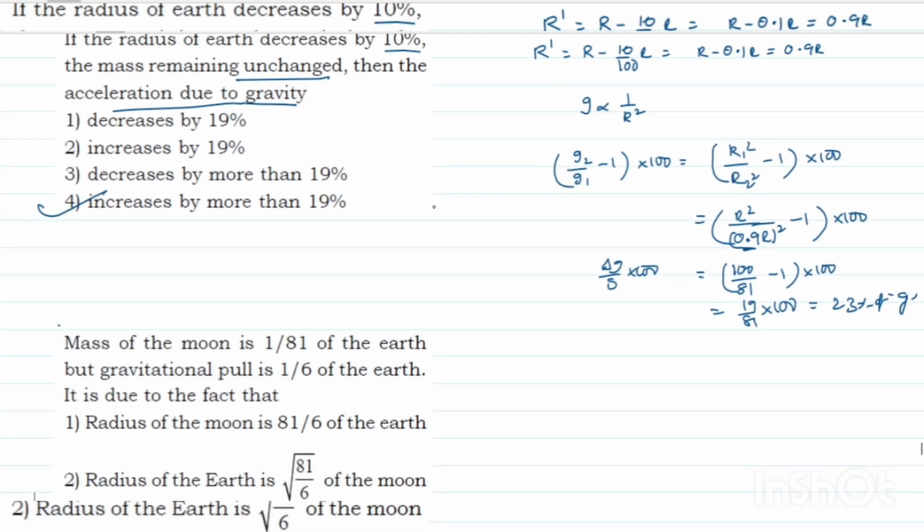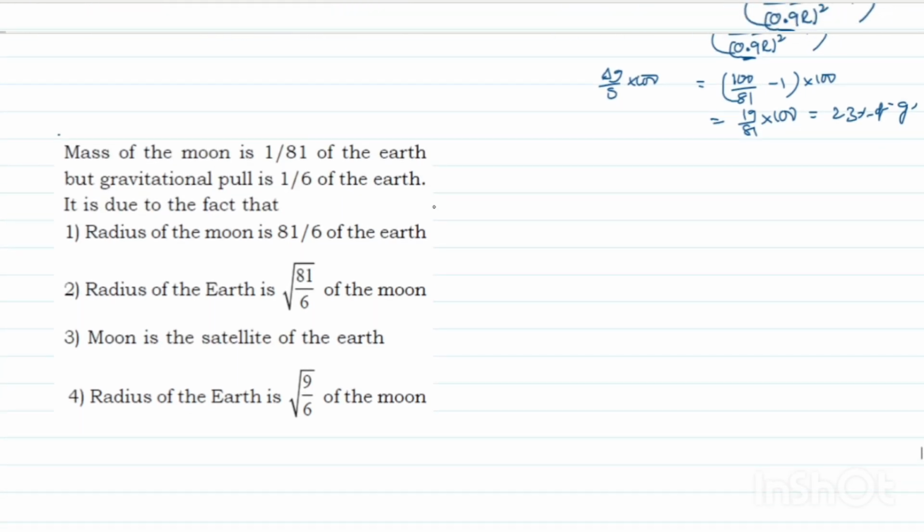The next question says: the mass of the moon is 1 by 81 times the mass of the earth, and the gravitational pull on the moon is 1 by 6 of the gravitational pull on the earth.